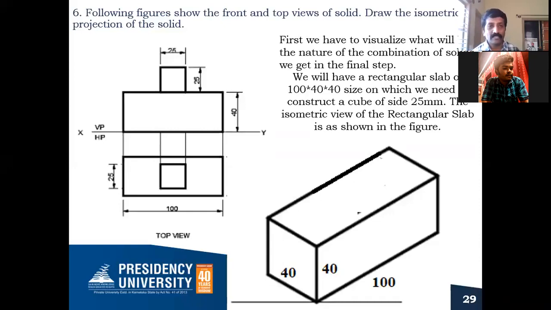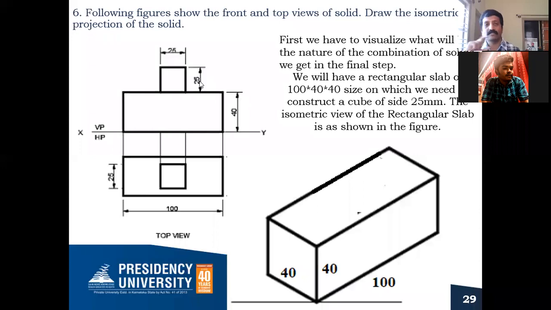So by looking at the top view, this is 100 by 40 and the height of this solid is 40. So it is a rectangular slab of 100 by 40 by 40. Forty is the height, and at the center one more solid is kept. Here it is 25. It's a square, and the same dimension is given here also, and the height also is 25.